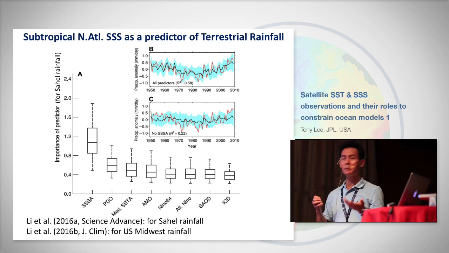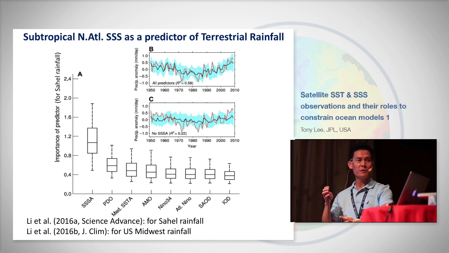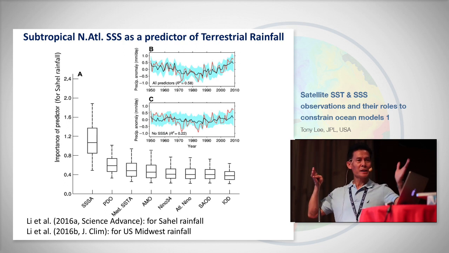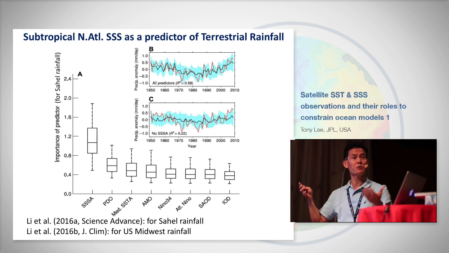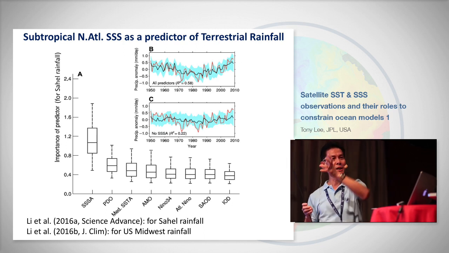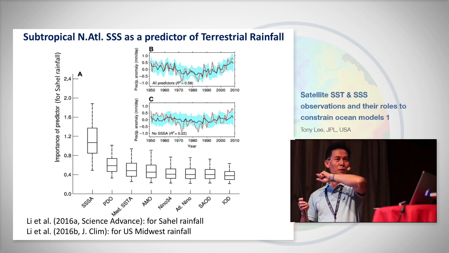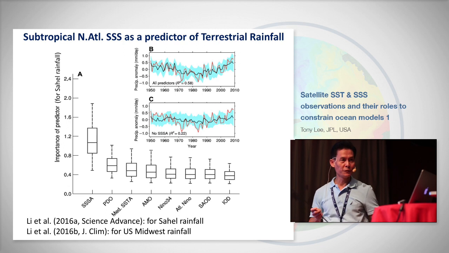A similar mechanism works for the US Midwest, where the soil moisture feedback affects the pressure gradient between the Gulf of Mexico and the US Midwest, which draws more moisture from the Gulf of Mexico. So it's not just the evaporation from the subtropical Atlantic that completely provides the moisture source, but it's triggering a soil moisture feedback, which draws more moisture from other areas in the ocean that helps improve this forecast skill.